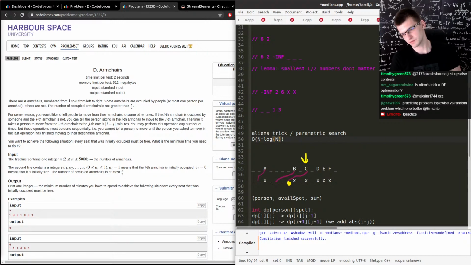Linear solution. Maybe we should greedily decide about the first person, but then the second person has a possibility to push the first one to the left. So maybe for every prefix of people we will know the optimal solution for that prefix.